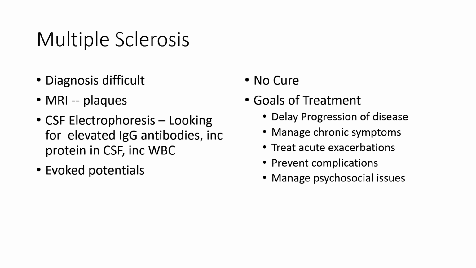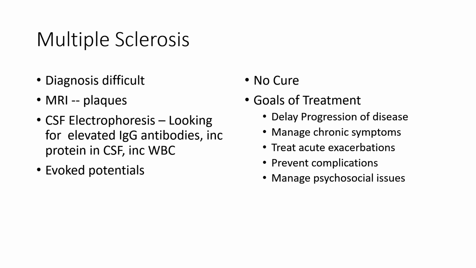They may have elevated protein in their spinal fluid and elevated white blood cells. They may also have evoked potentials on EEGs. They usually use a visual evoked potential, and these are slowed, again because the optic nerve is often involved.